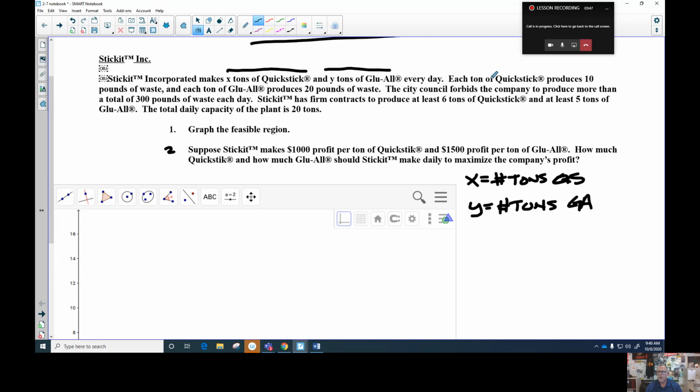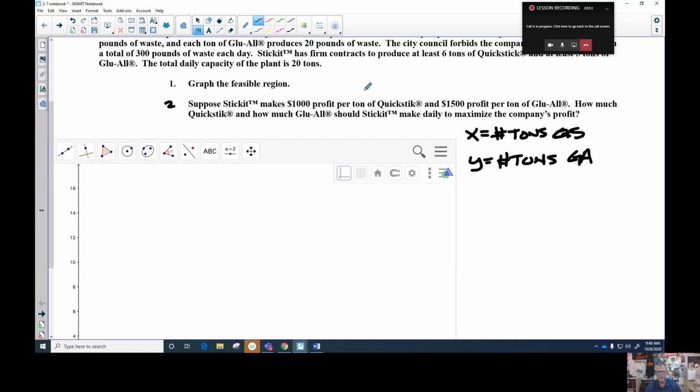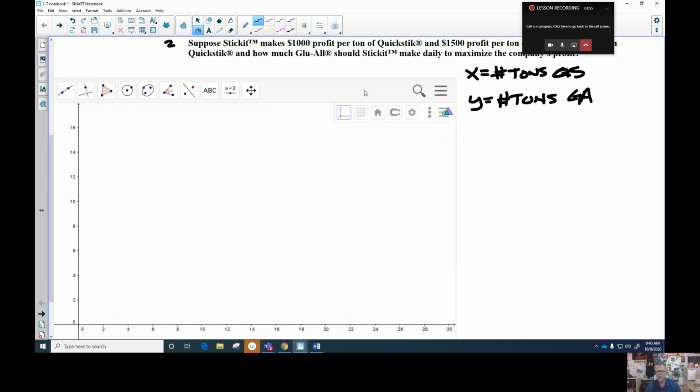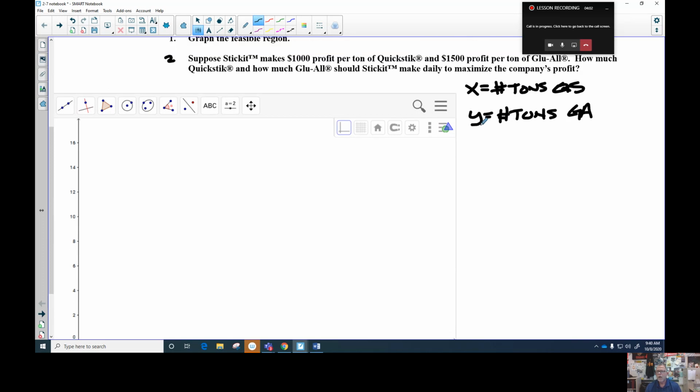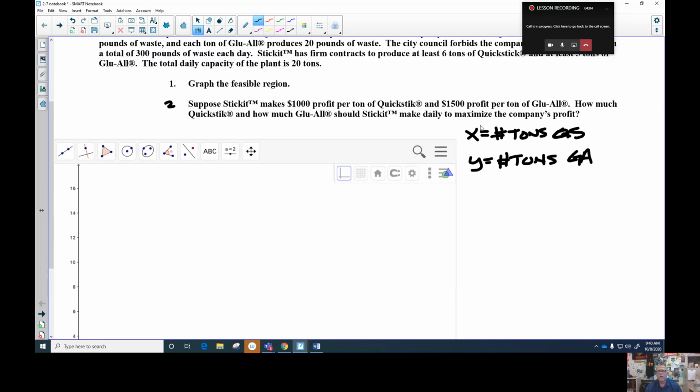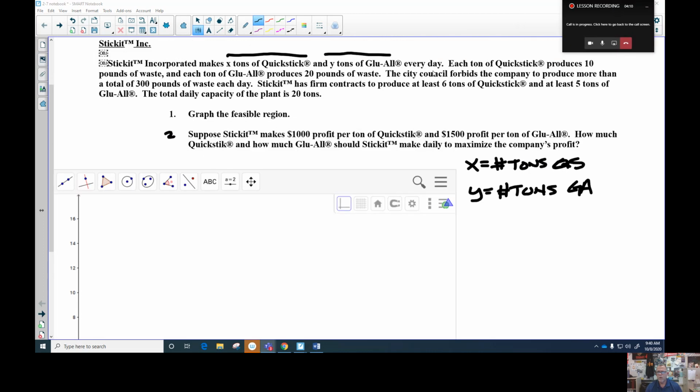Go to the next sentence. Each ton of Quick Stick produces 10 pounds of waste. Each ton of Glue All produces 20 pounds of waste. All right, so we just got some information here, and we're just going to write that information down. For right now, I'm going to say, let's see, I've got to go back a little bit farther. Each ton of Quick Stick produces 10 pounds of waste.